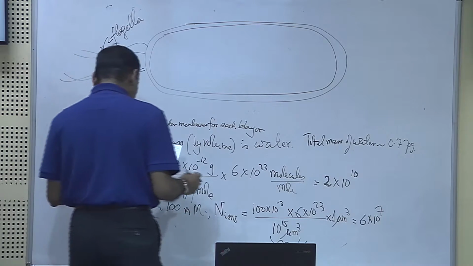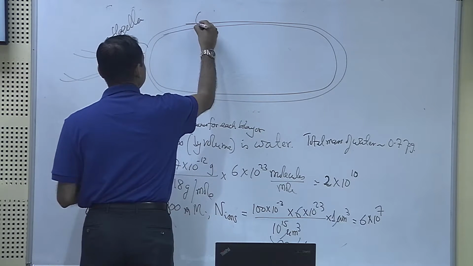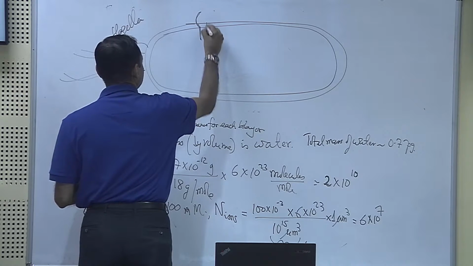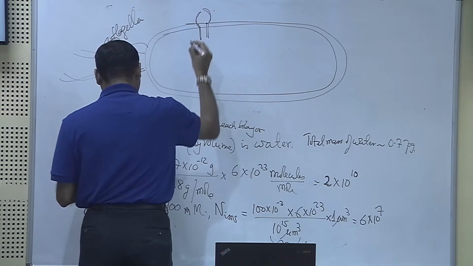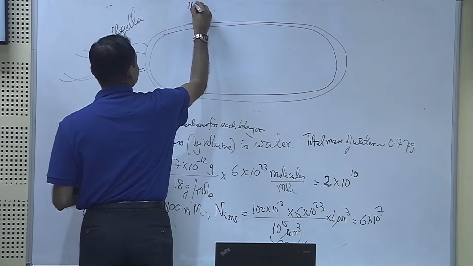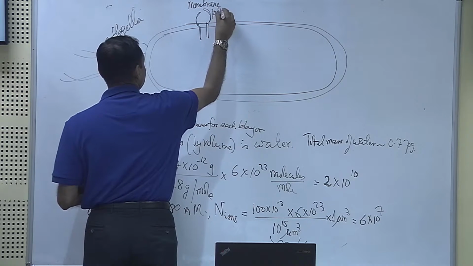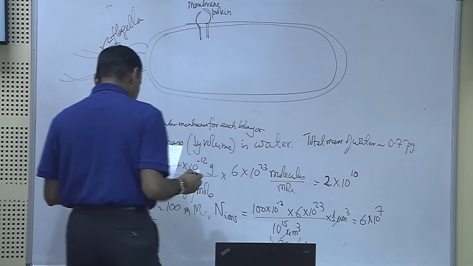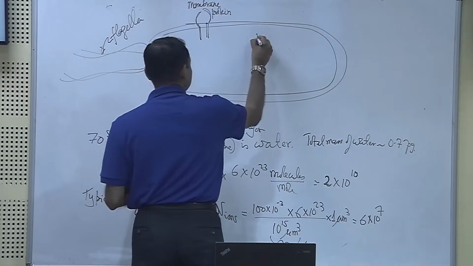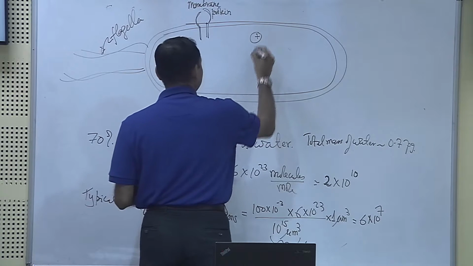You will have some membrane protein, which we have calculated. So this is the membrane protein. Some ions it will have.